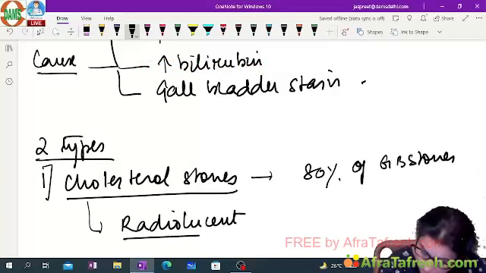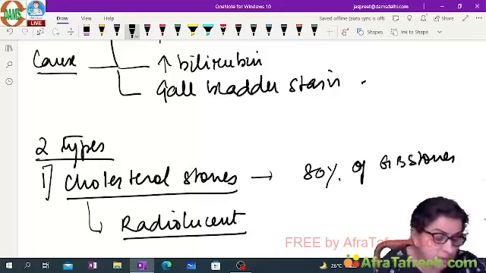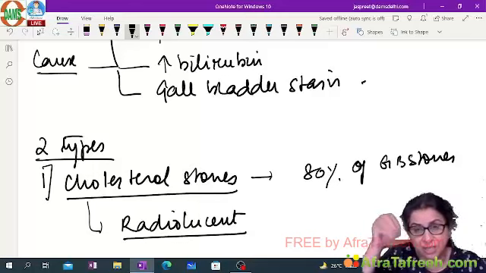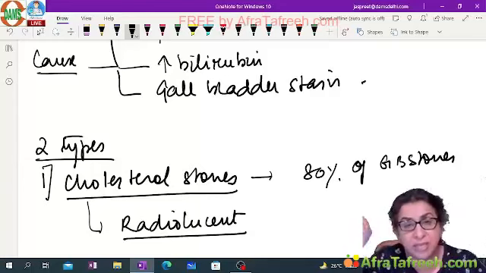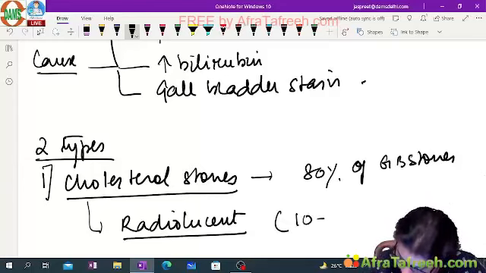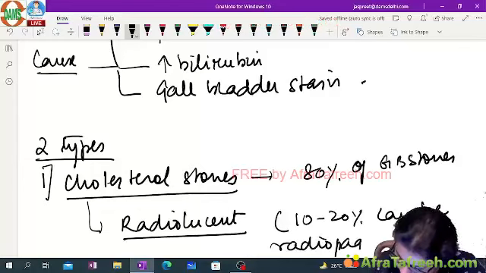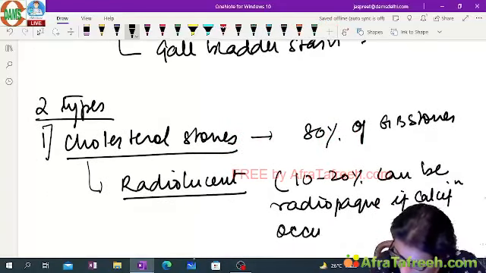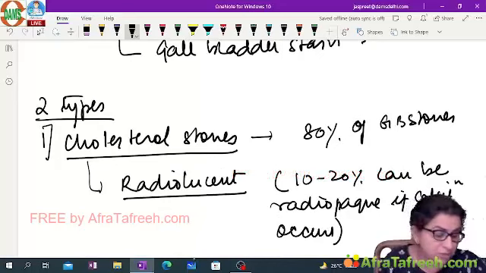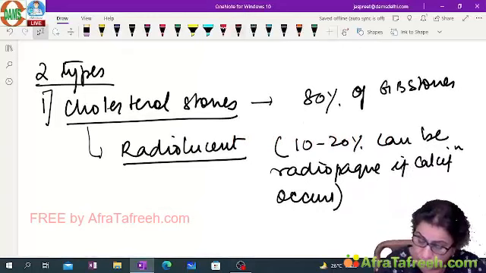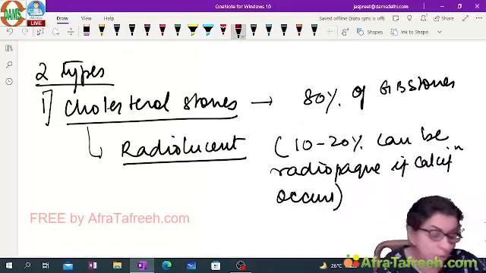However, if calcification occurs in these stones, then 10 to 20% of them may appear radio opaque.